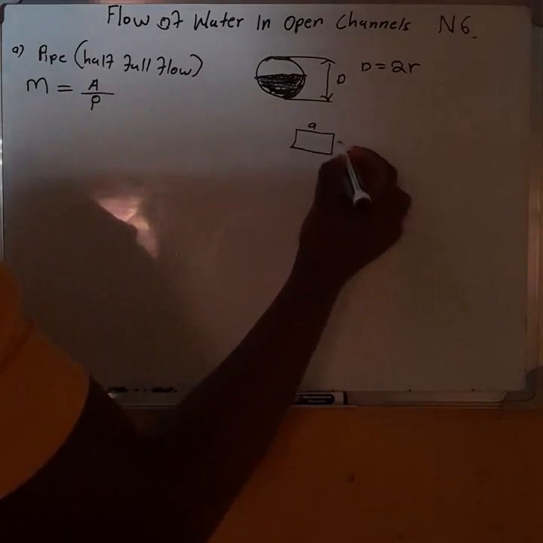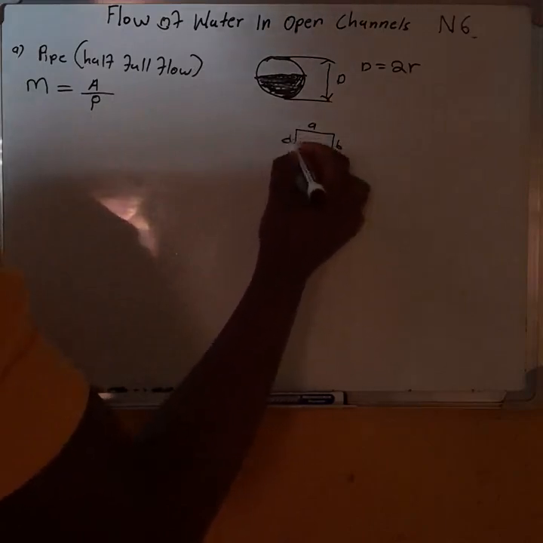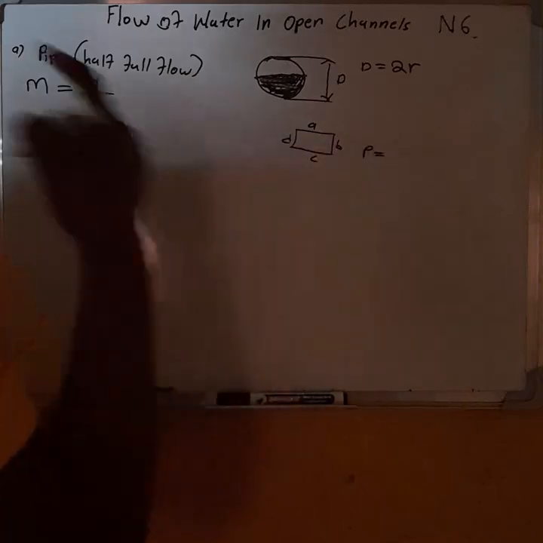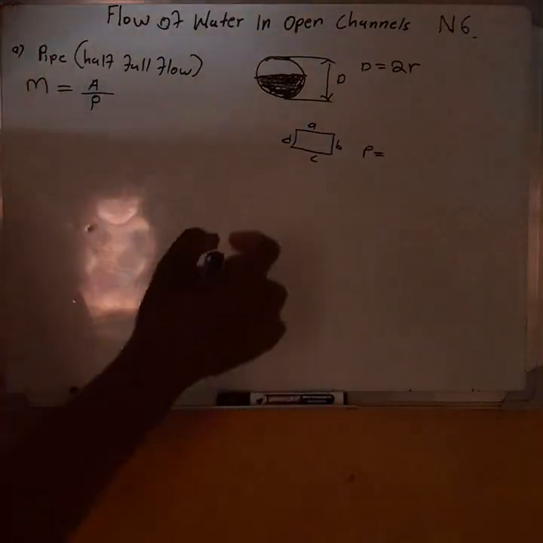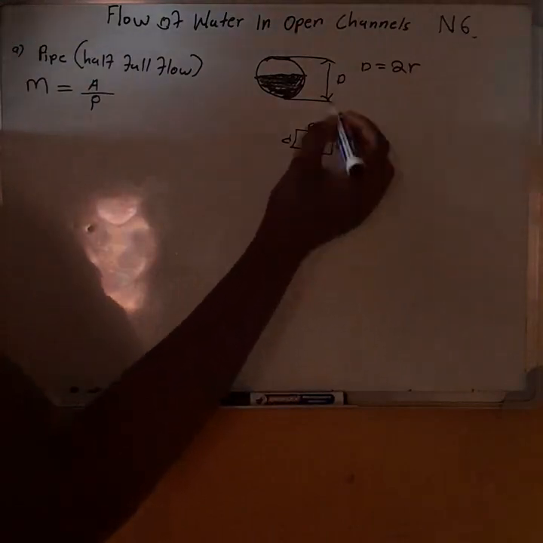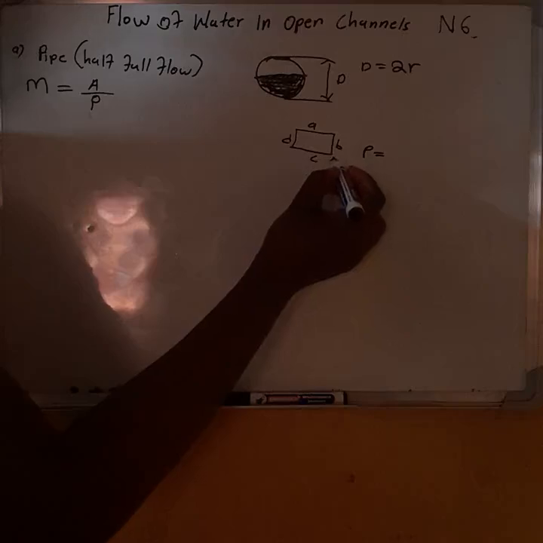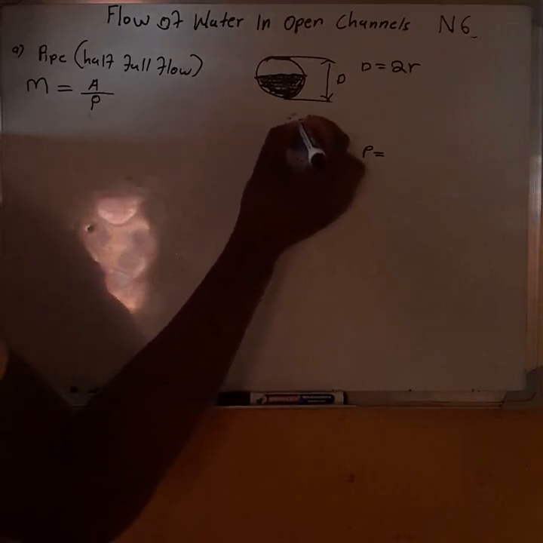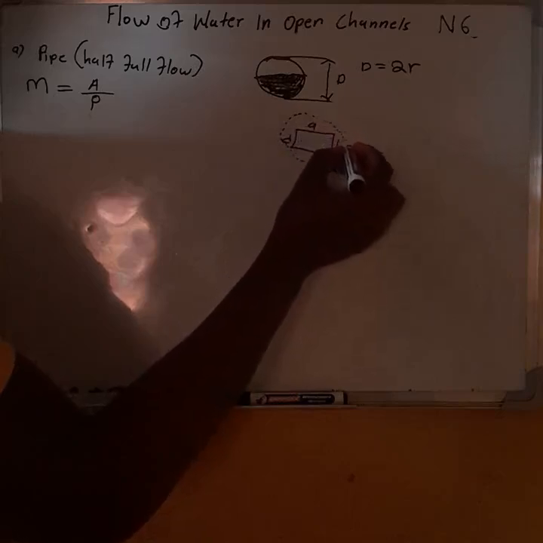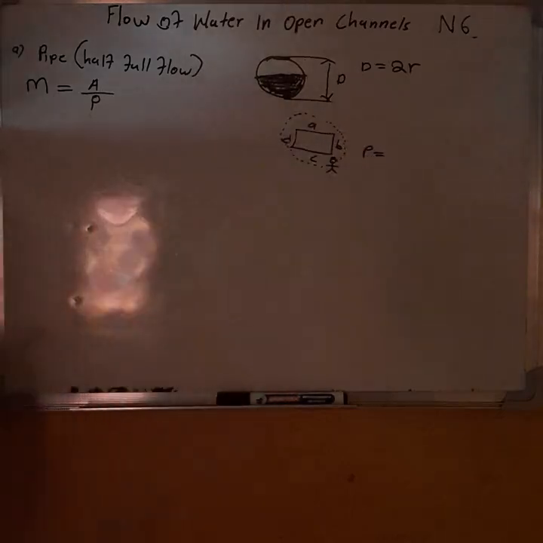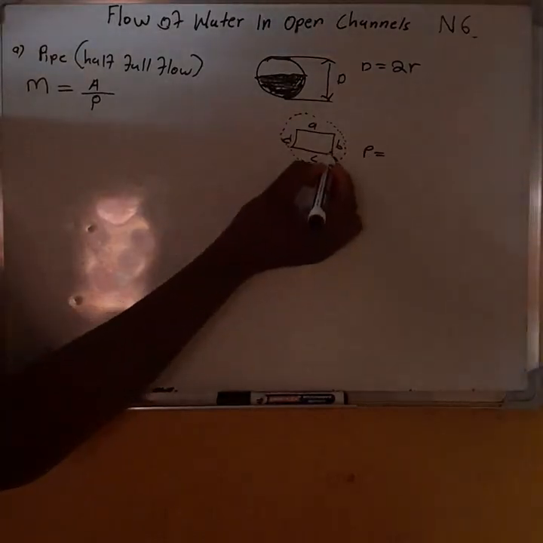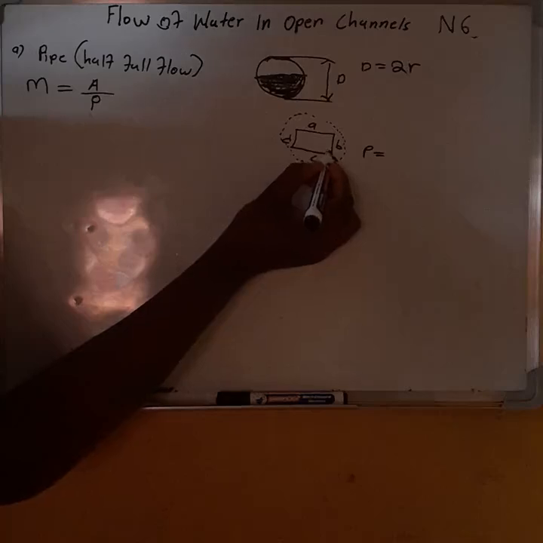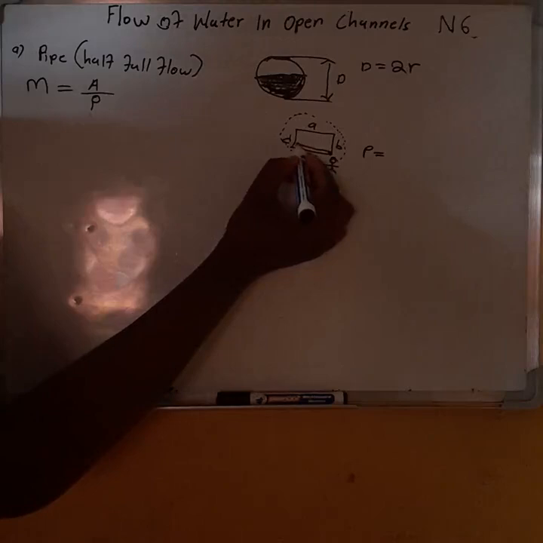Here we have A, B, C, D. Let's say you are walking around, you surround this box. From the corner, you'll move like this, in this direction.